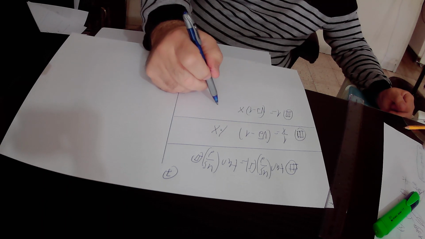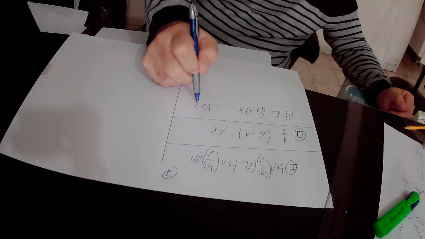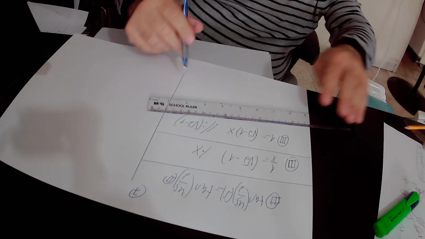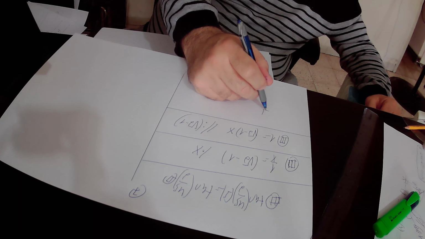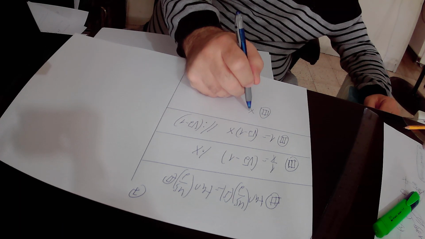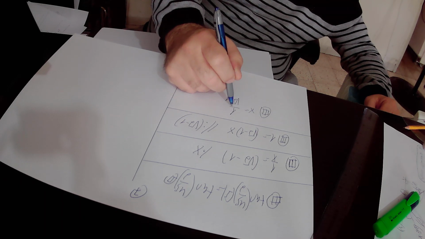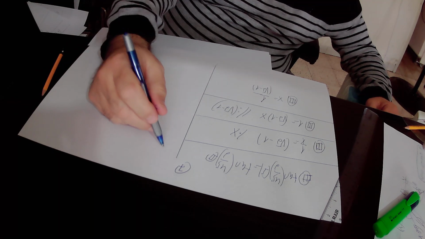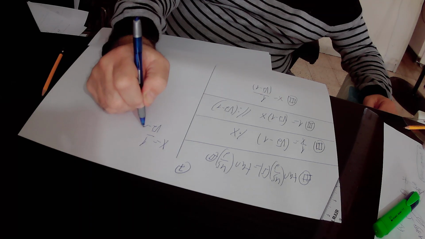Here we divide this equation by the square root of 2 minus 1, and we get that x equals 1 over the square root of 2 minus 1.